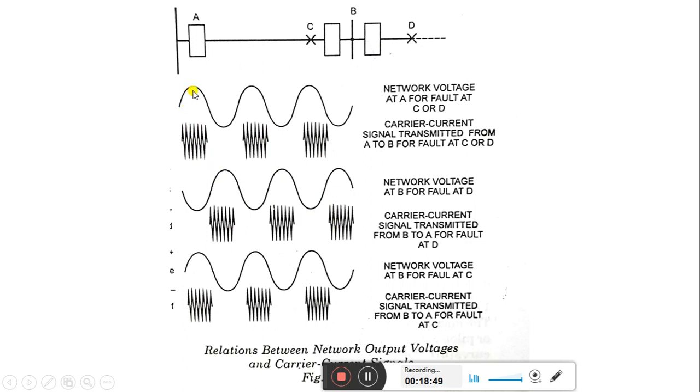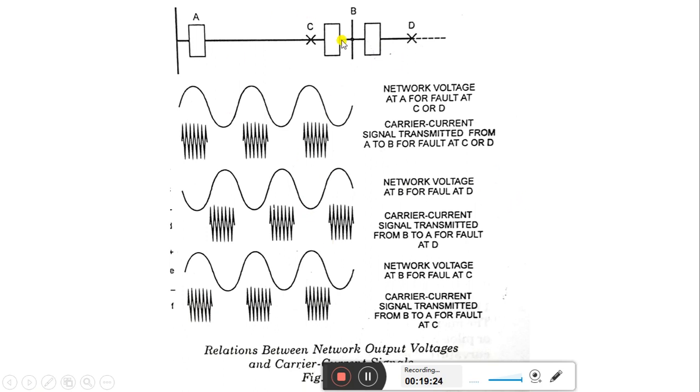For this positive cycle this current was transmitted, and for the negative cycle this current is transmitted. So if the fault is at D, there will always be current transmitted in the line. There will not be any discontinuity of the current signal transmitted through the lines.